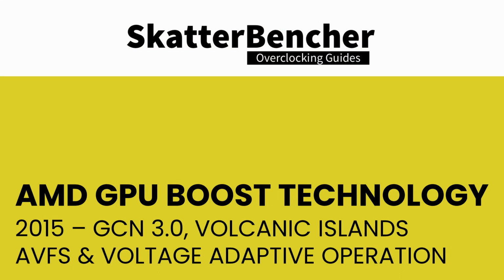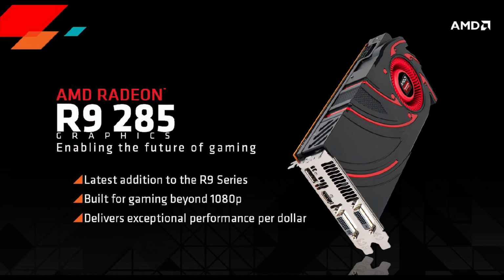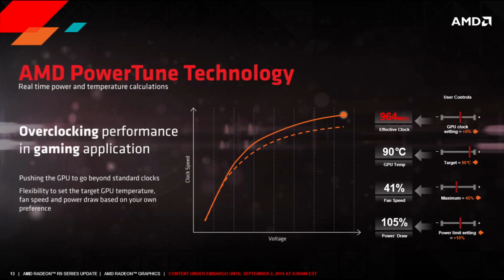Anyway, now that we understand the purpose of clock stretching and AVFS, let's return to the GPU side of AMD's business. While AMD first introduced the third generation GCN architecture with the Volcanic Islands product family in 2014, it still featured the same power-tuned technology from the previous graphics cards.